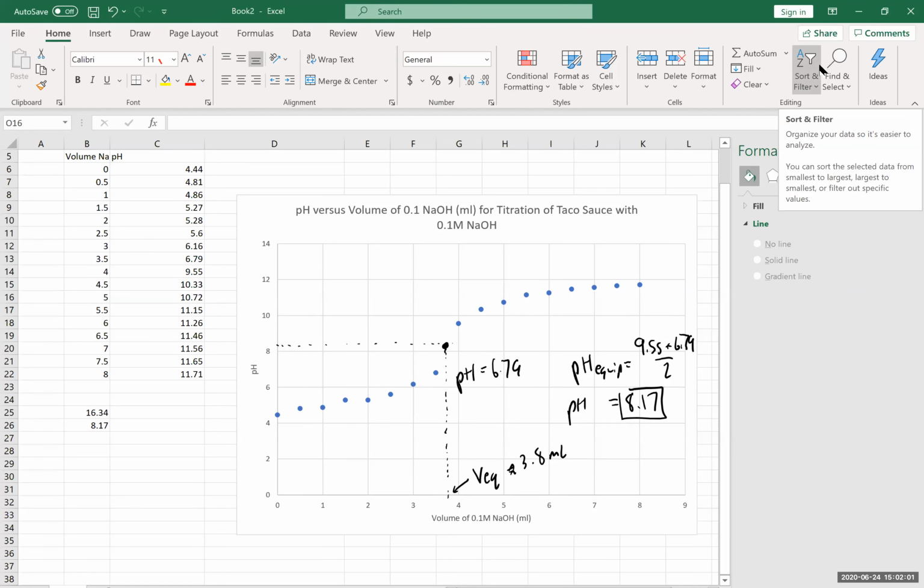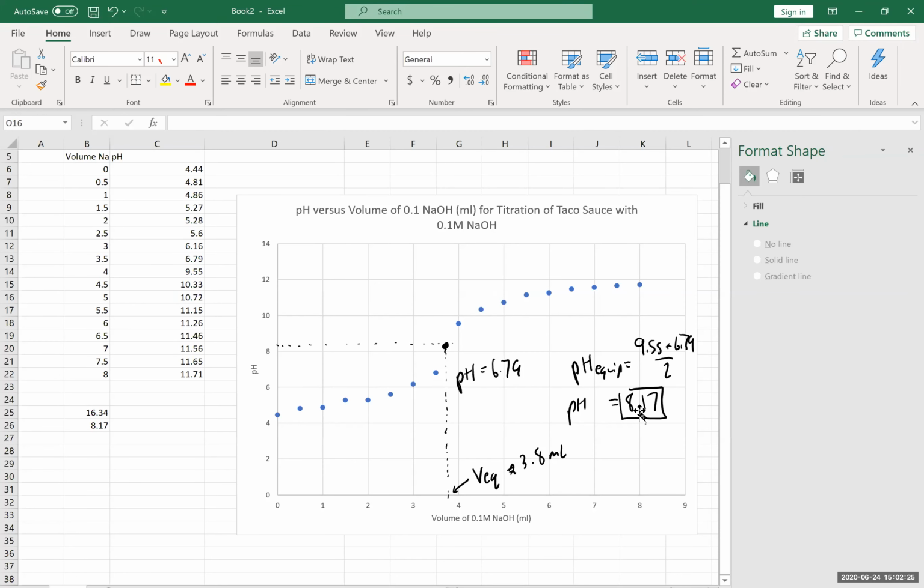Any questions on this data analysis? Did everyone get a similar result for their titration? Not identical, but similar? You don't have to necessarily draw in Excel.